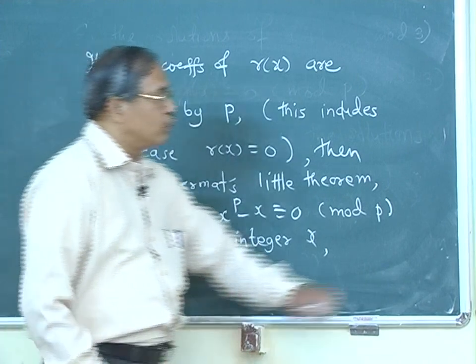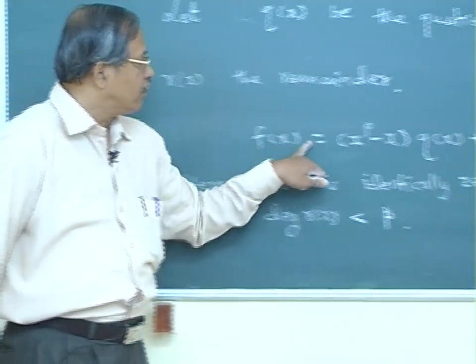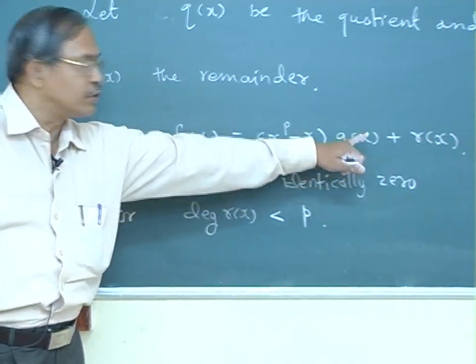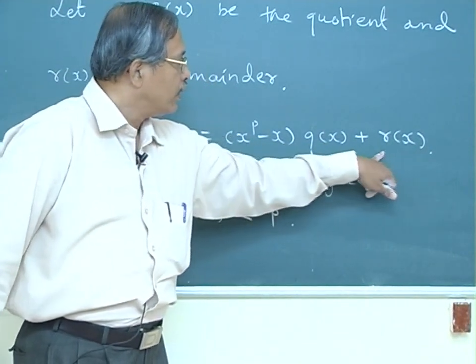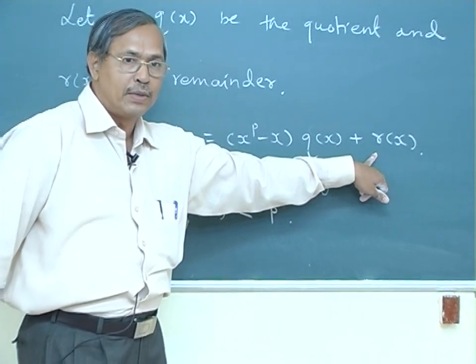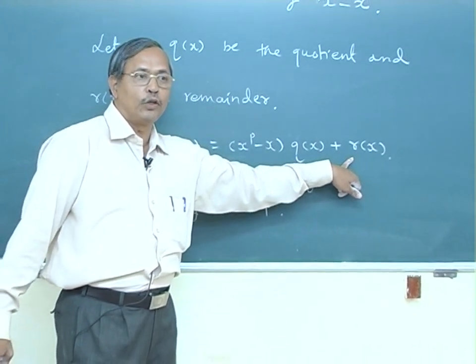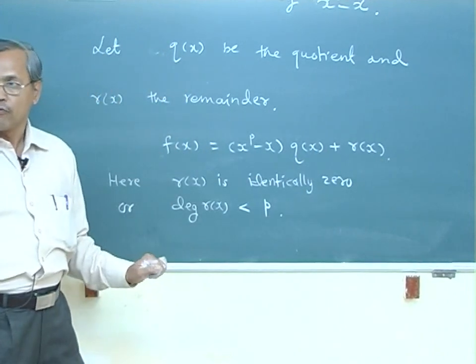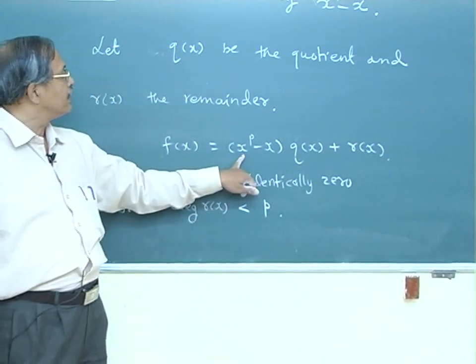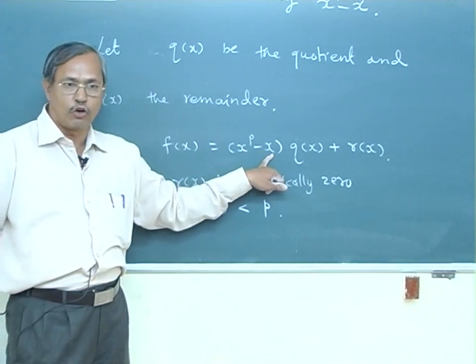Is that clear? Look at this equation: f(x) equal to x raised to p minus x into q(x) plus r(x). We are assuming that all coefficients in r(x) are divisible by p. So whatever may be your x, that r(x) will be 0 mod p, whereas for any integer x, x raised to p minus x will be congruent to 0 mod p.